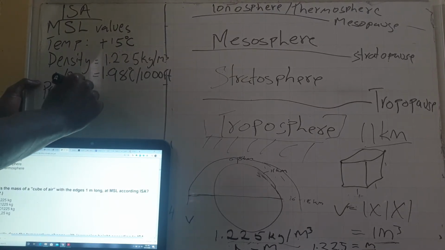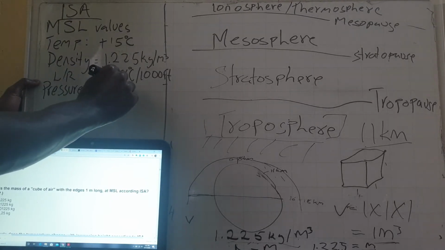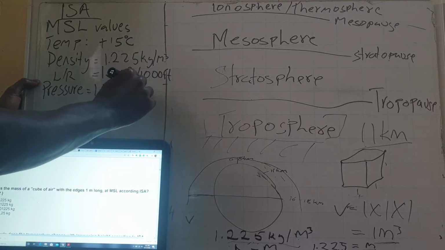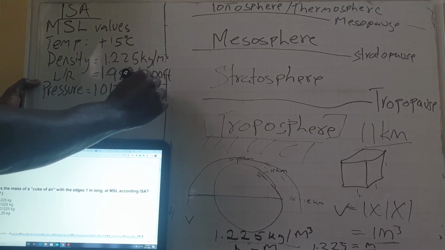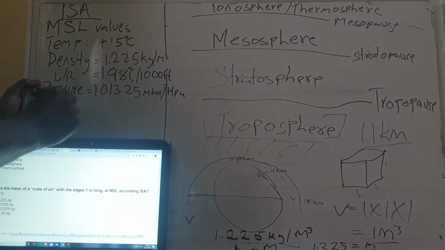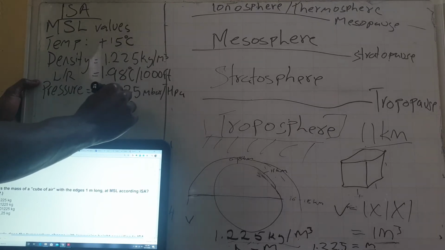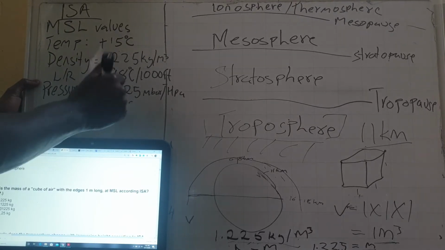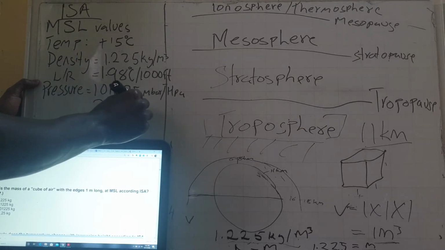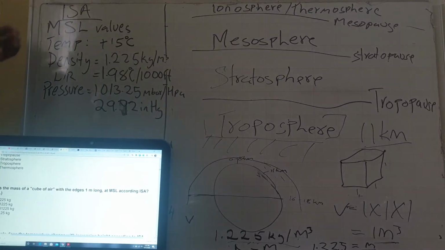Pressure is given as 1013.25 millibars or hectopascals, or in inches it can be given as 29.92 inches of mercury. Okay, so that's that.